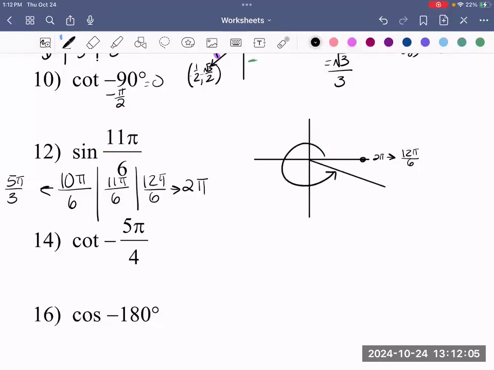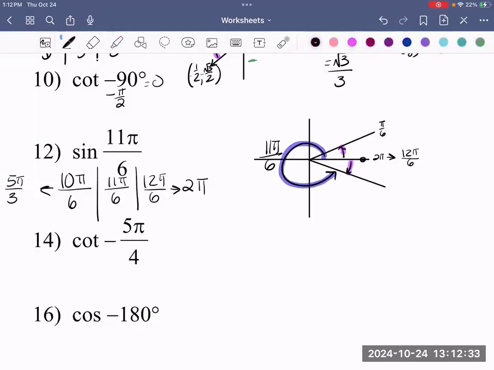Rotating around, and again, if we had a negative, it would be the reverse going around this way. So if this is 11 pi over 6, our reference angle from the first quadrant would be pi over 6.